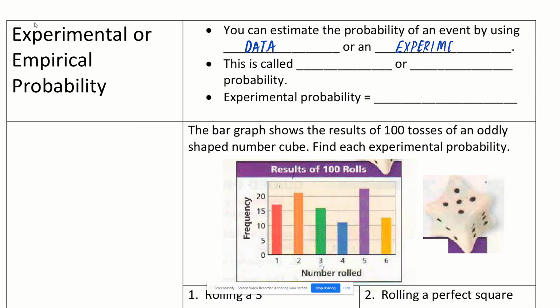So that is what we're talking about today. We're going to have to rely on an experiment or on data that's already been determined or found by someone. If we are doing that, this is called empirical or experimental probability. So empirical or experimental probability.